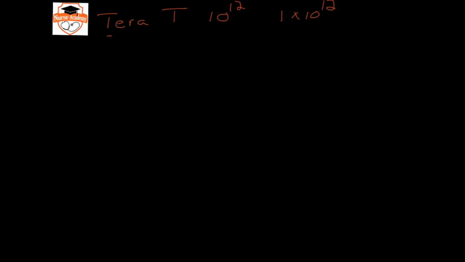The next one after tera would be giga, which has the abbreviation of G, and that's 10 to the 9th, or 1 times 10 to the 9th, or 1 billion times something. There are ones between giga and tera, but they're not commonly used, so I wouldn't worry about knowing them at this time, but they do exist.